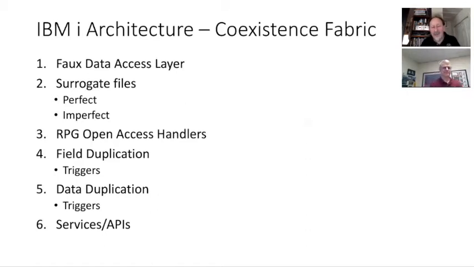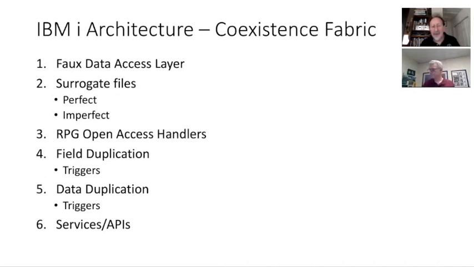The one thing I don't have another diagram for is services and APIs. As you're building services and APIs for modern applications, they can sometimes be the thing that you use as a coexistence fabric that older programs or even newer programs can start to call. You might want to build some of those. Also, the idea about this whole set of artifacts and tools is that, for the long term, they are temporary.